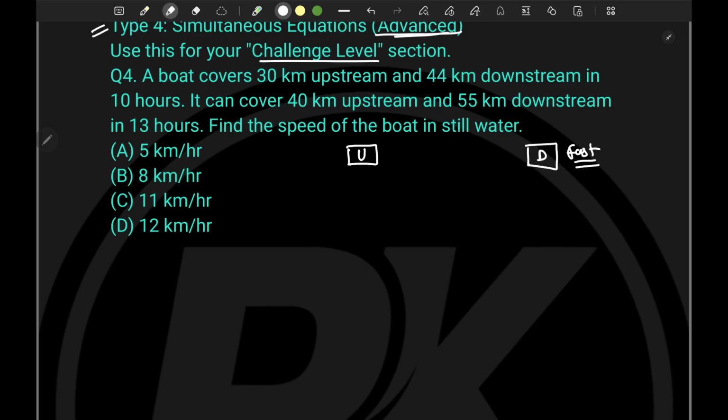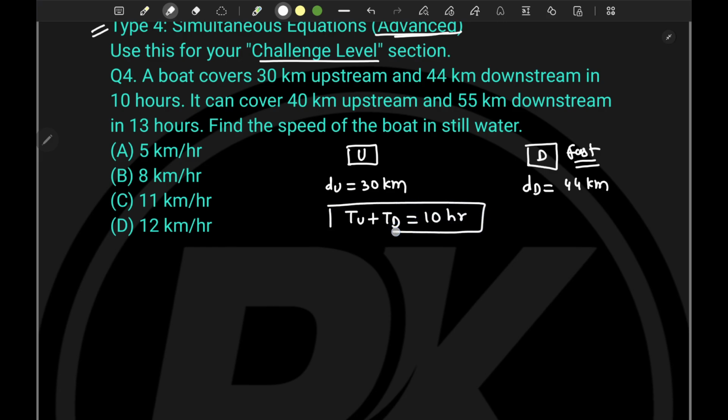So a boat covers 30 kilometer in upstream, and 44 kilometer in downstream, in 10 hours. That means the total of the time in upstream and the time in downstream is 10 hours. So that is the first condition, and this is the first equation.